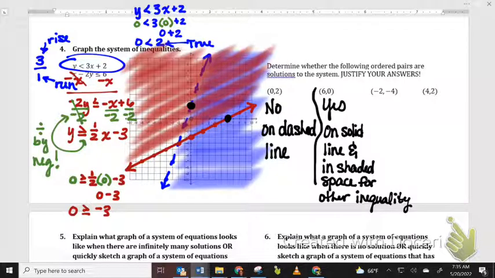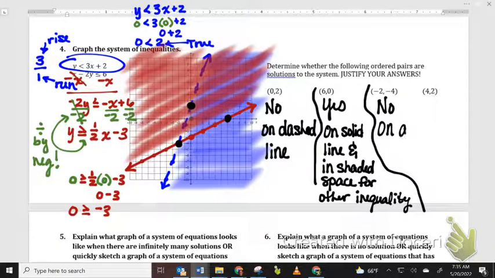All right, -2, -4. -2, -4, right here. I don't think that one works. Why not? Because it's also on a dashed line. On a dashed line, even one is enough to disqualify it. So no, I know it's where they cross, but that does not matter with inequalities.